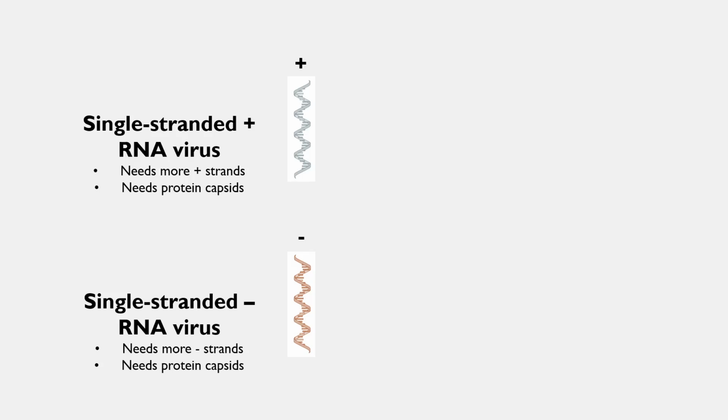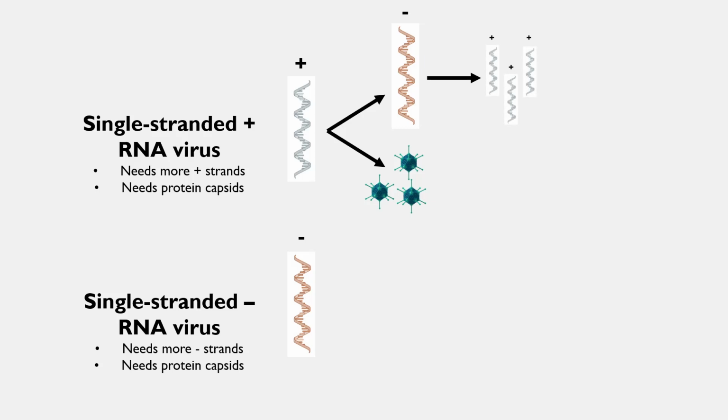We can, however, generate proteins from these plus strands because they can be recognized by the ribosomes. And so the plus strands will be read by the ribosomes to generate protein. And then they will also be read and used to replicate minus strands because we can make minus strands from plus strands. But then those minus strands will have to serve as a template for making more plus strands. We can combine the plus strands, stuff them in a capsid made from proteins, and now we have what we need to make more single-stranded positive RNA viruses.